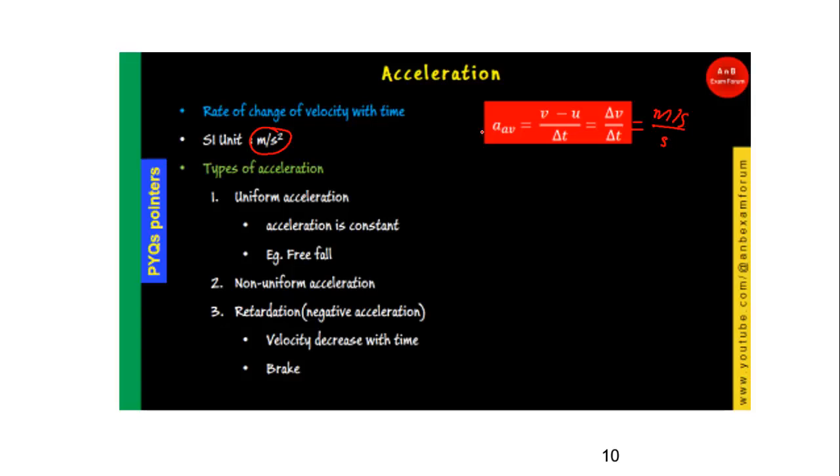And there are different types of acceleration like uniform acceleration, non-uniform acceleration, and retardation. Retardation, which is also known as negative acceleration, is where the velocity decreases with time, and the perfect example is brake. When you apply a brake, it is basically negative acceleration. The velocity of the vehicle will start decreasing, right?